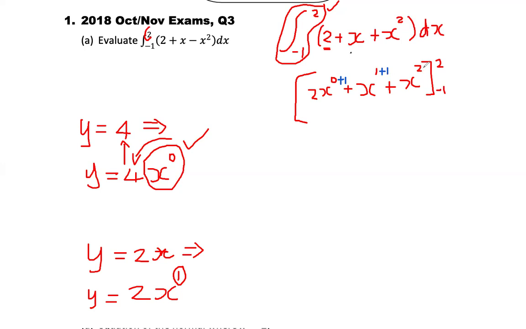To this 2, I'll also add the 1. Now, the same thing that I have as powers, 0 plus 1, I will also have as a denominator for the entire fraction.